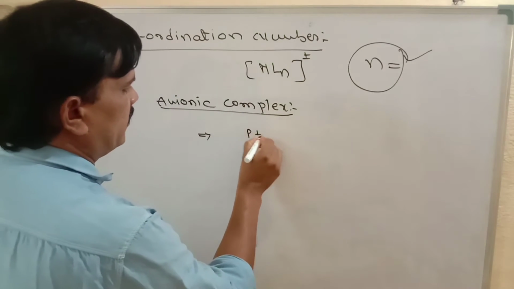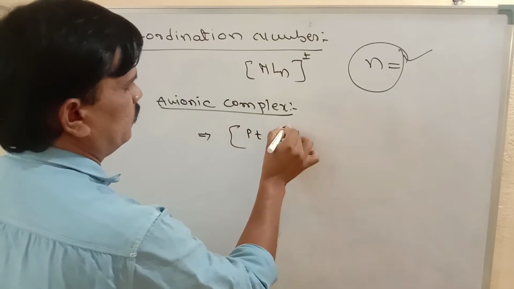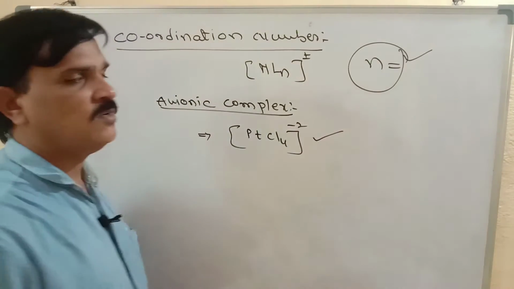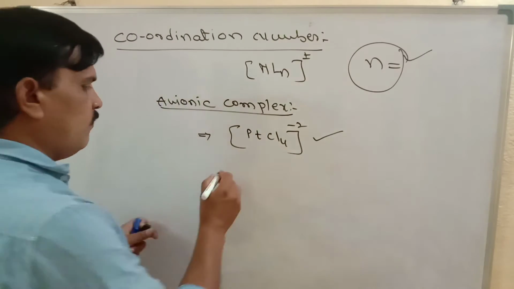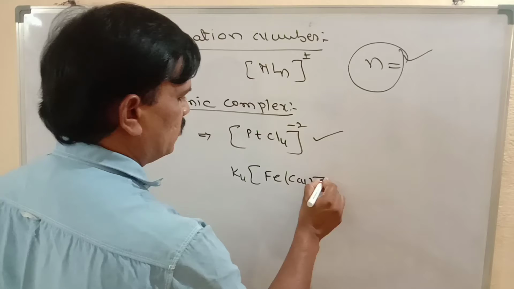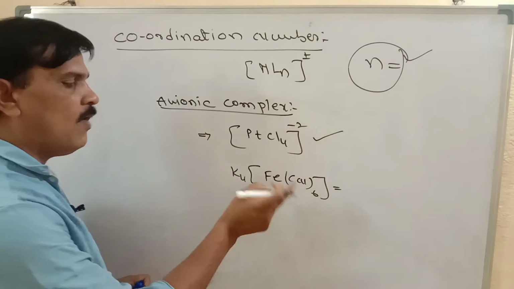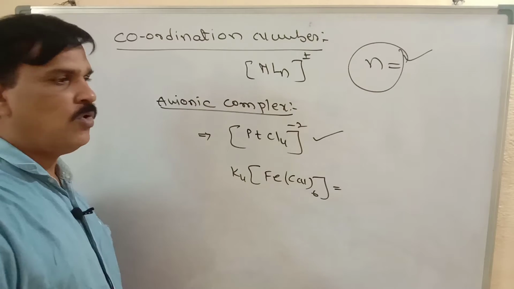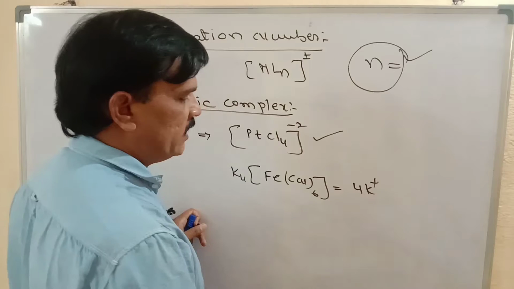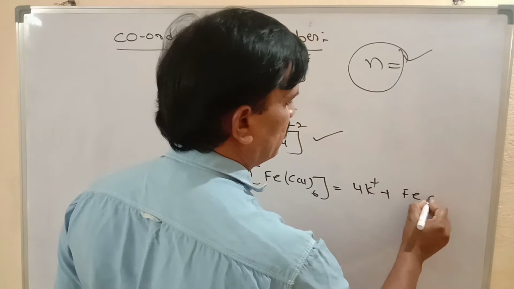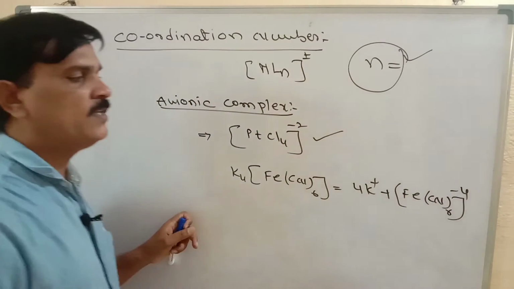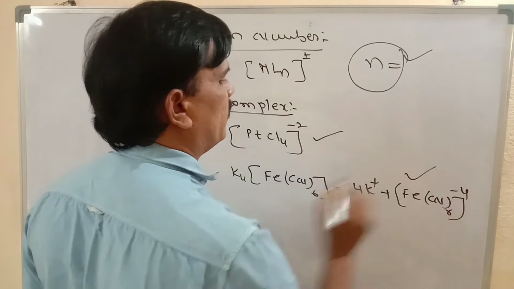For example, K4[Fe(CN)6]. Whether it is anionic, cationic or neutral, just write the dissociation form: 4K+ plus [Fe(CN)6]4-. This is an anionic complex compound.